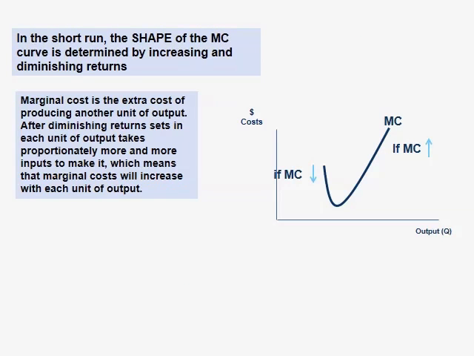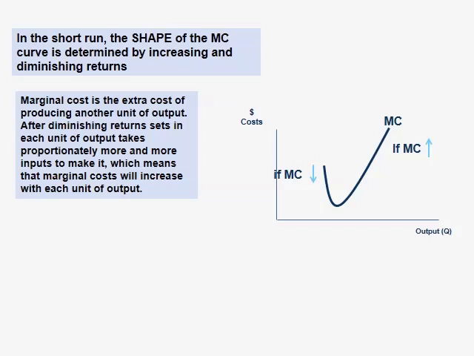Now remember, we're in the short run, and the short run is where at least one input needed by the business is not available, it's fixed in supply. And so this is important for determining the shape of the marginal cost curve in the short run.